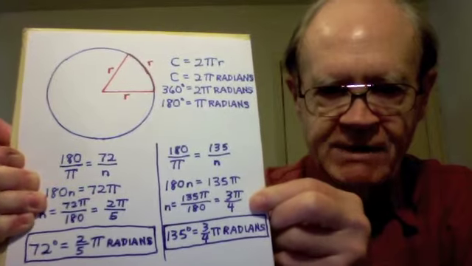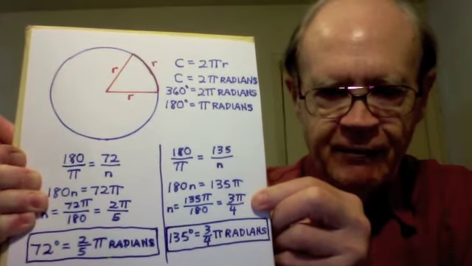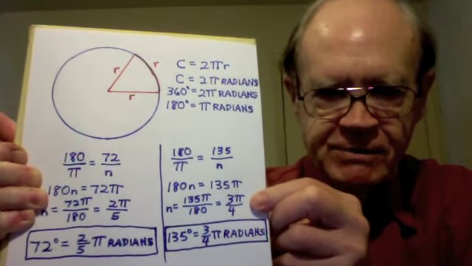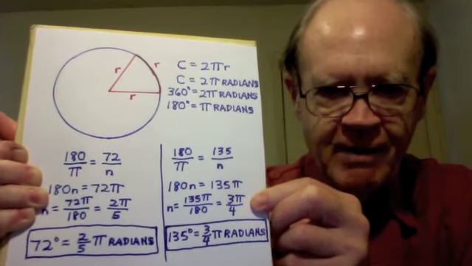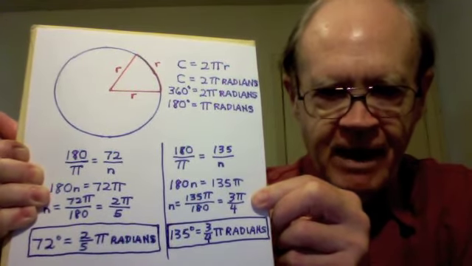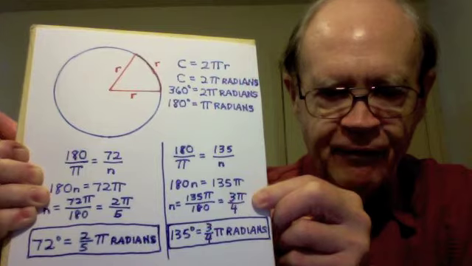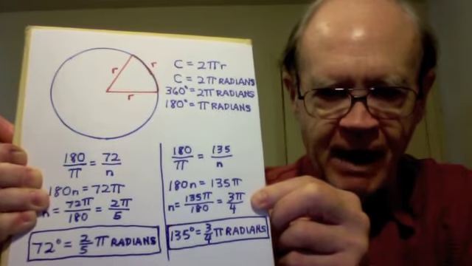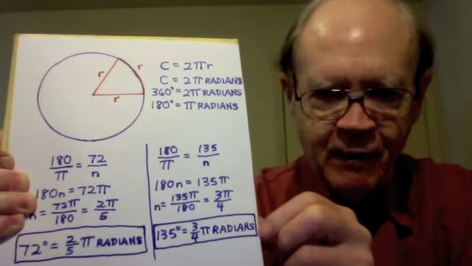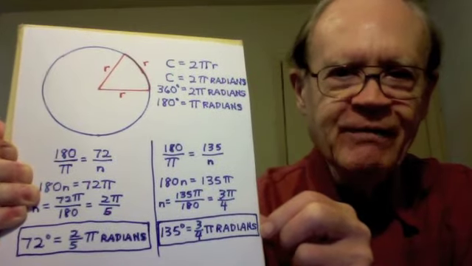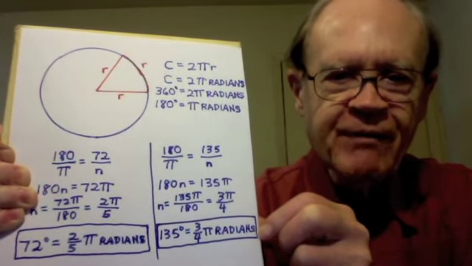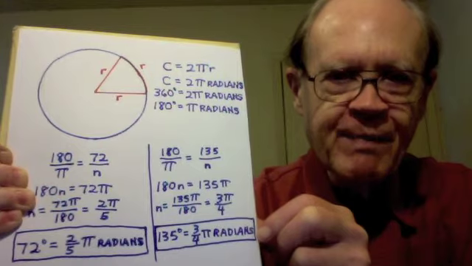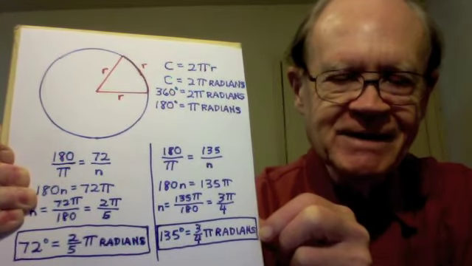We divide both sides by 180 and reduce the fraction to lowest terms. We can divide both numerator and denominator by 45. And we get n equals 3 pi over 4, or 3/4 pi. And so that answers my second follow-up question. 135 degrees is 3/4 pi radians, or 3 pi over 4 radians.